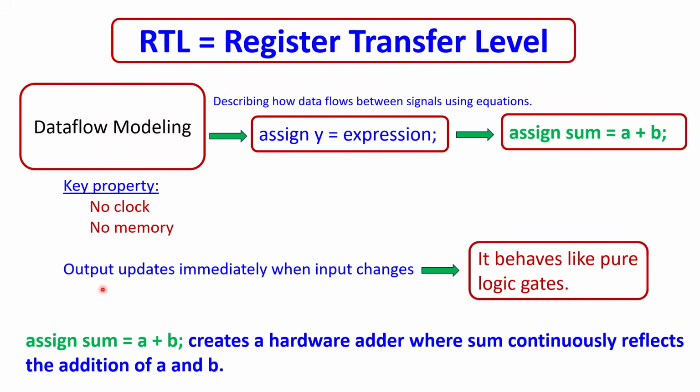Here, the output updates immediately when the input changes. It behaves like pure logic gates. This assign sum equal to a plus b creates a hardware adder where sum continuously reflects the addition of a and b. So in this data flow modeling, we have to keep in mind it is like an equation and it starts with assign.